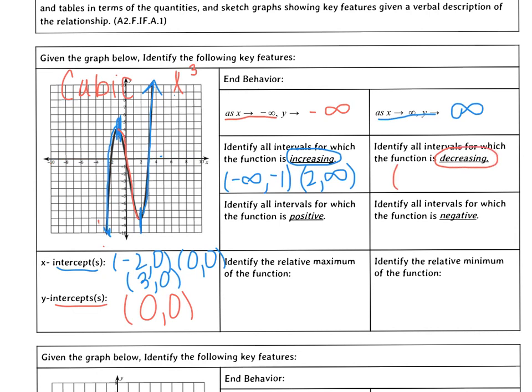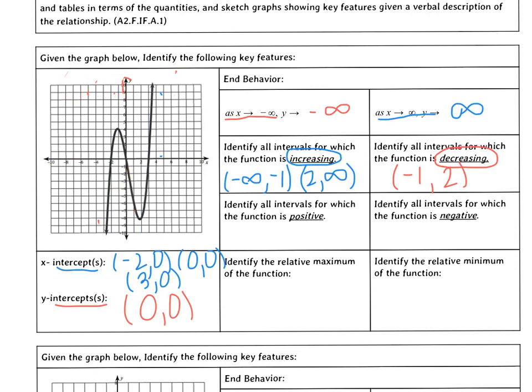So I can see that it decreases from -1 to 2. And I want to remind you that when we identify intervals of a function, we always do so using the x-coordinates.